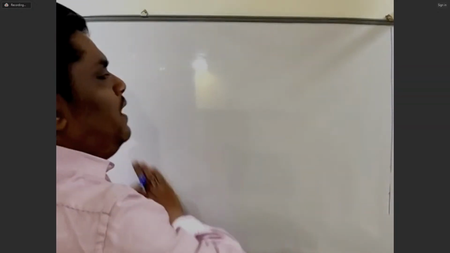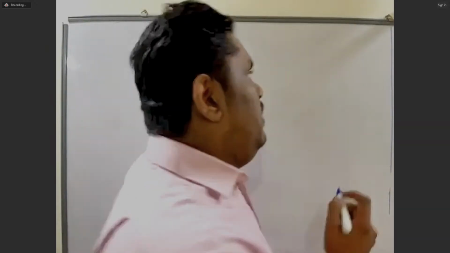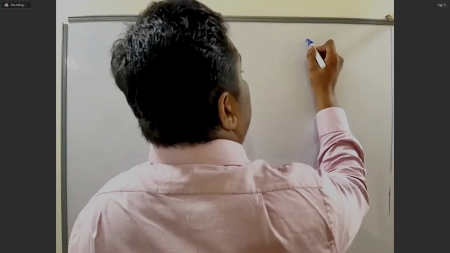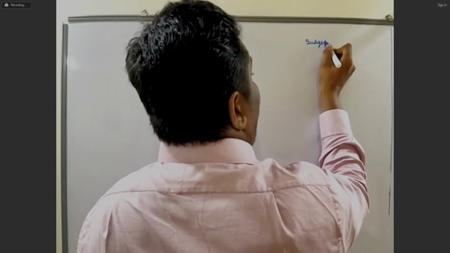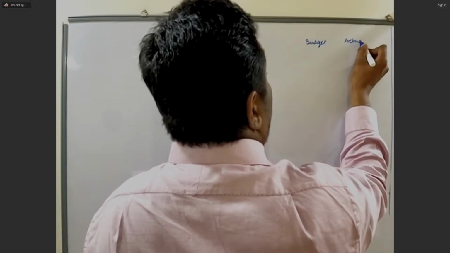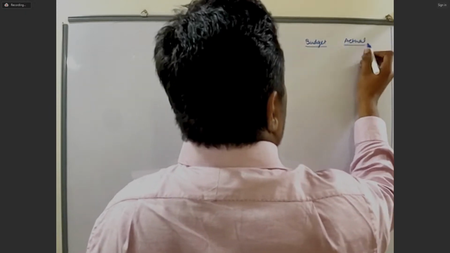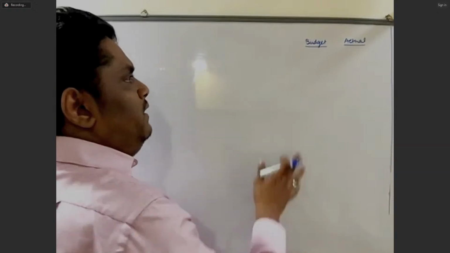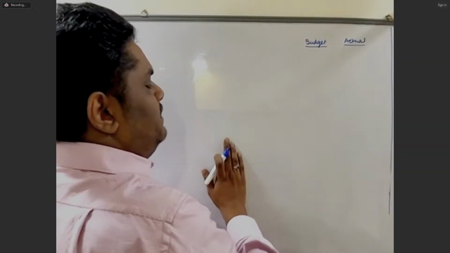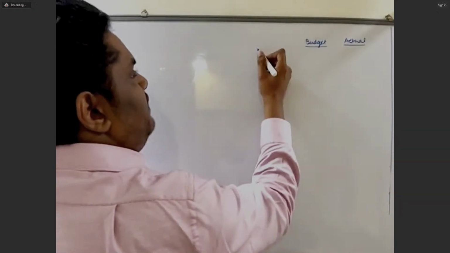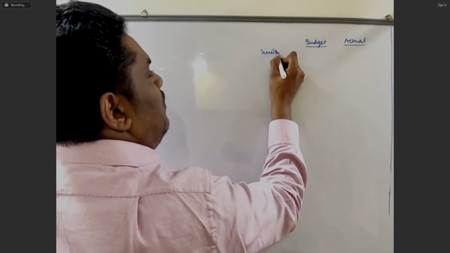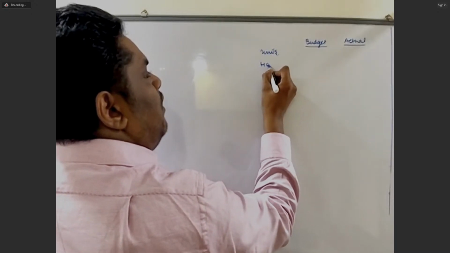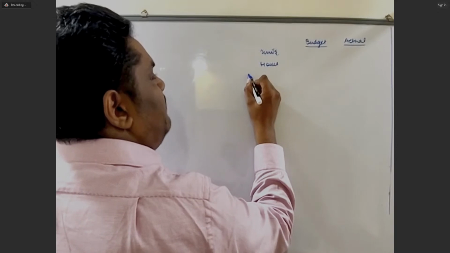Now, when talking about the variable overhead variance, again, the first step is to arrange the question in the same format we have discussed, that is budget and actual. Herein, when talking about variable overheads, three pieces of information are relevant: units, hours, and variable overhead.